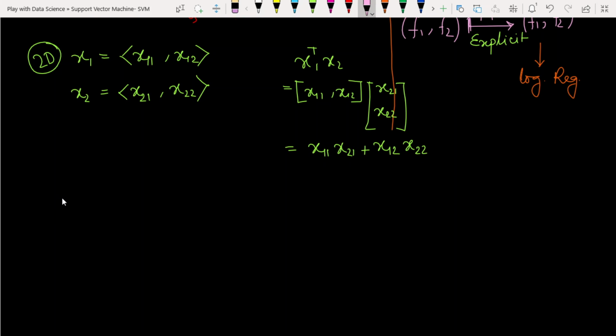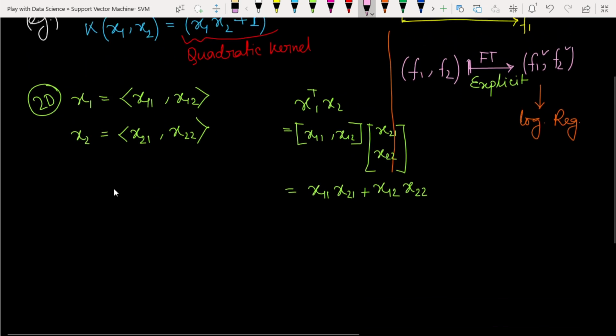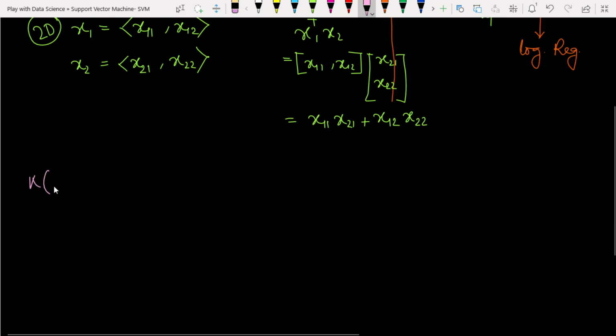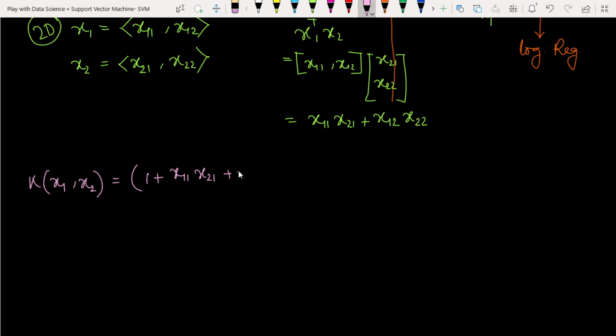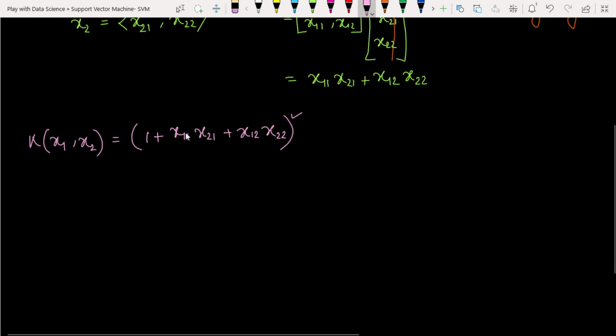So now our kernel equation will be converted to: k of x1, x2 is equal to, first I write 1, then I introduce this. Now I am going to simplify this thing, and here I am using this formula.